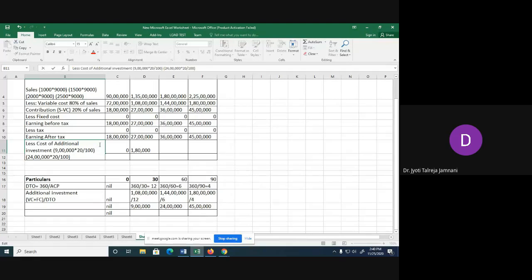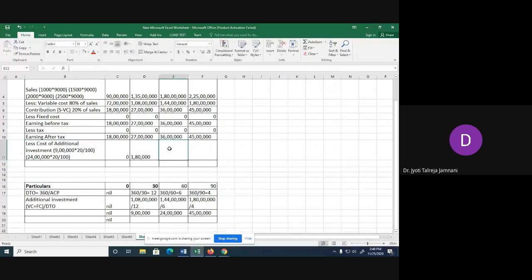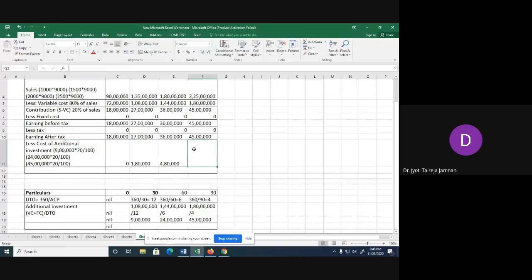Of 24 lakh, 20% is 4 lakh 80,000. And in the last, that is 90 days period, 45 lakh is the additional investment into 20%. You get it as 9 lakh.